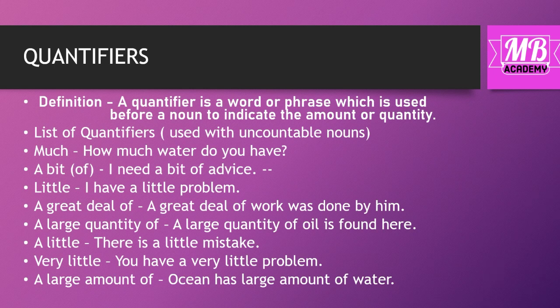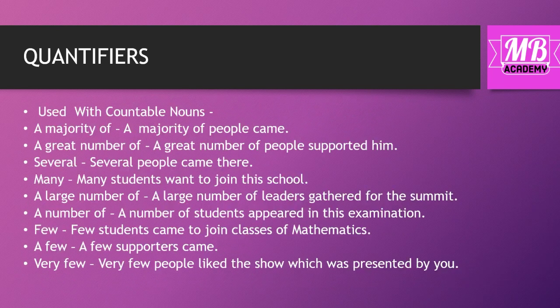So here you can see that quantifiers tell about quantity or amount, and they are related to uncountable nouns or countable nouns. Now, these are the quantifiers which are used with countable nouns.